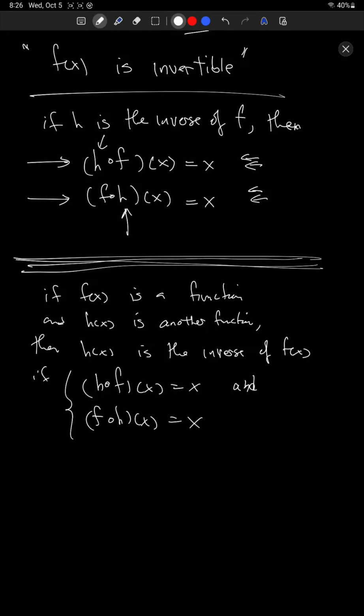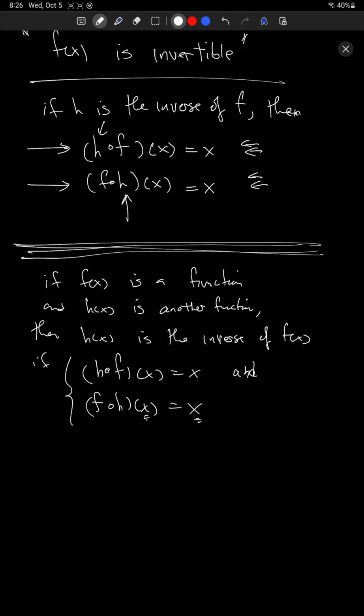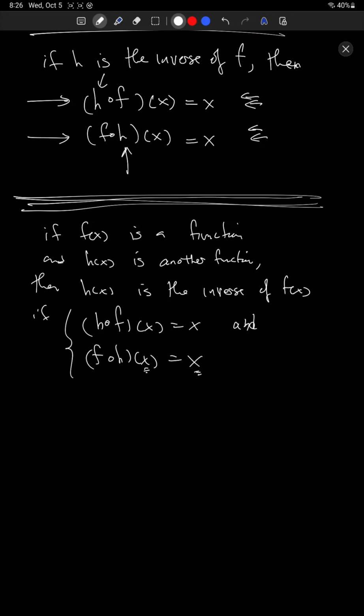In other words, if you do f and then you do h, you end up in the same place that you started. You do h and then you do f, you end up in the same place that you started. So this is actually the definition of the inverse. This would be the mathematical definition, and it's motivated by that arrow picture that we just saw.